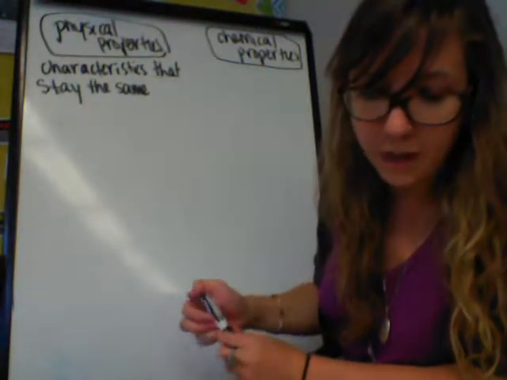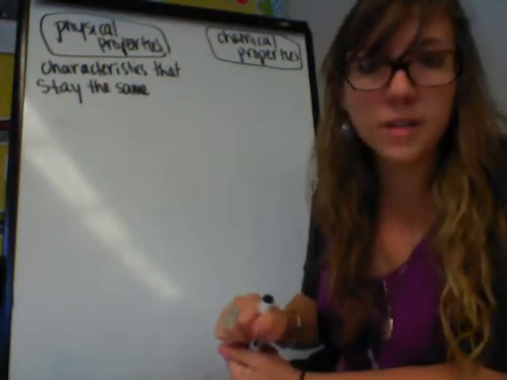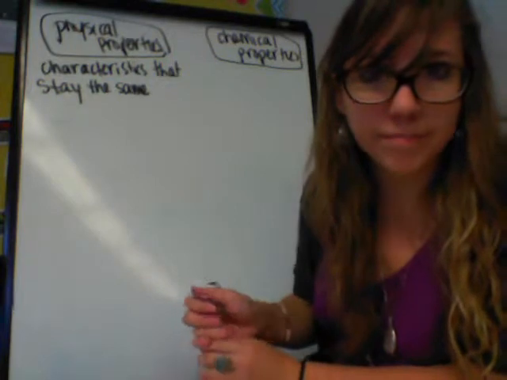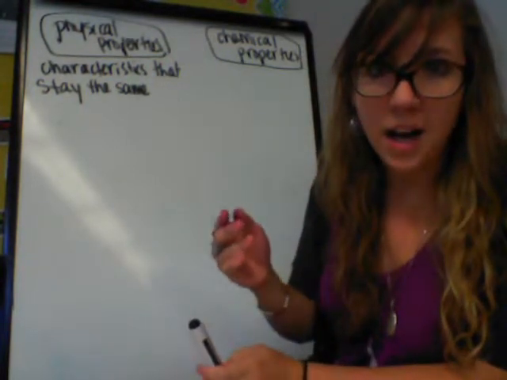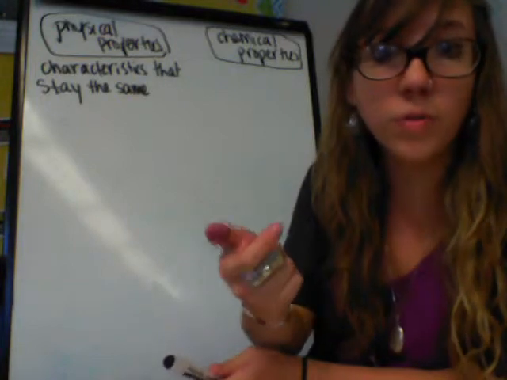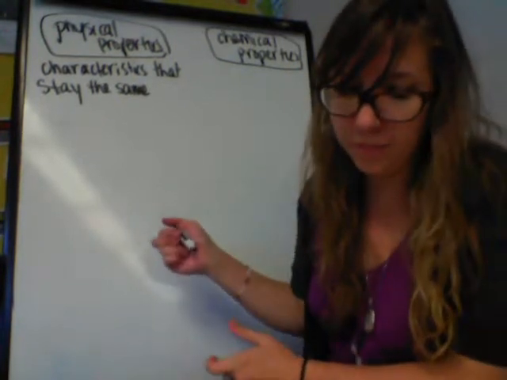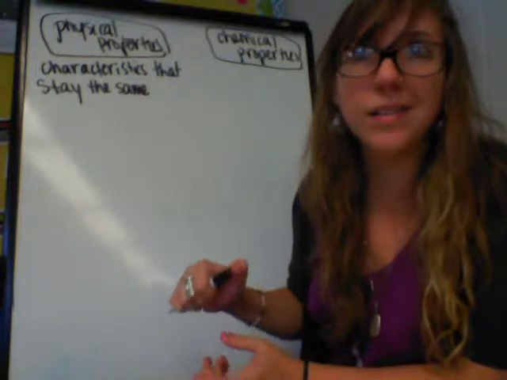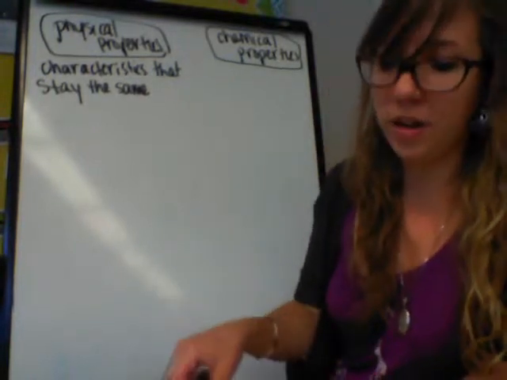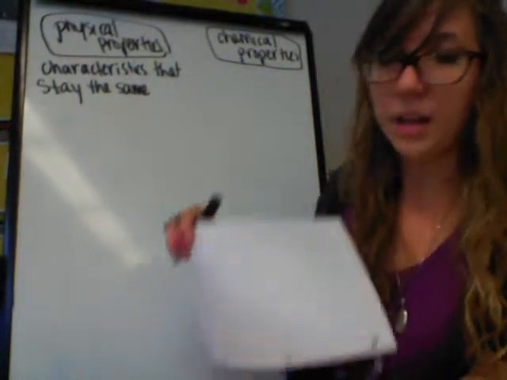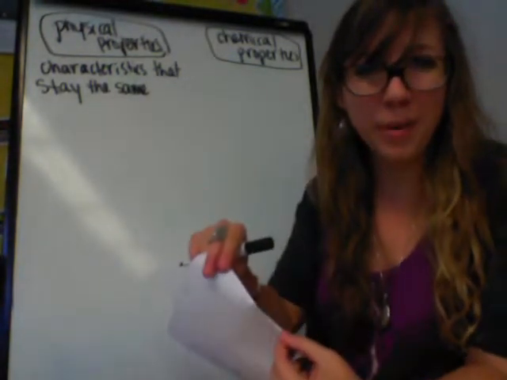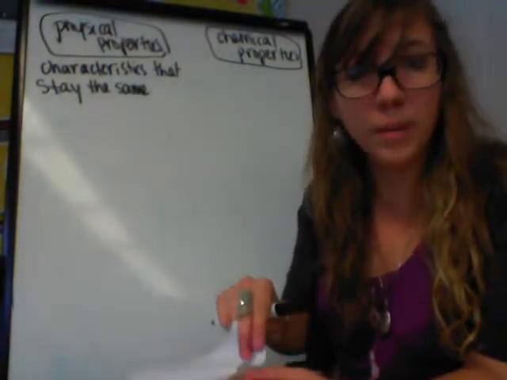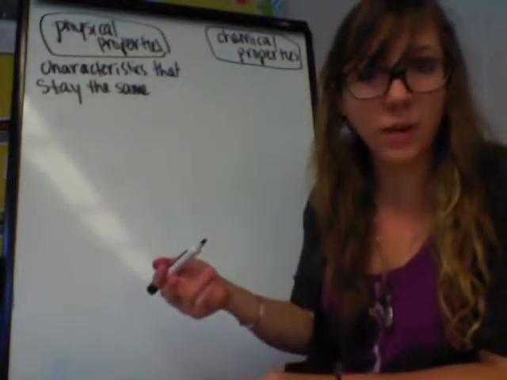So for example, let's talk about paper. Paper has physical characteristics, like that it is composed of wood. In our case, for example, let's say this paper is white. Whether I rip this paper in half or I crumple it up, that characteristic is going to be the same.